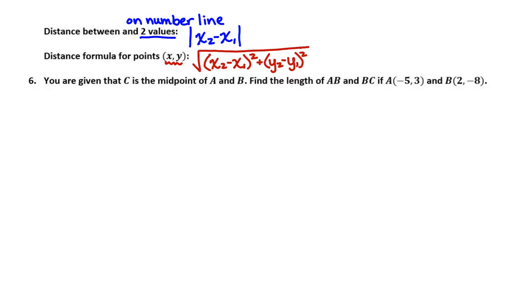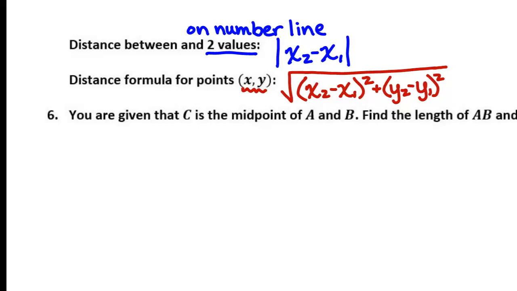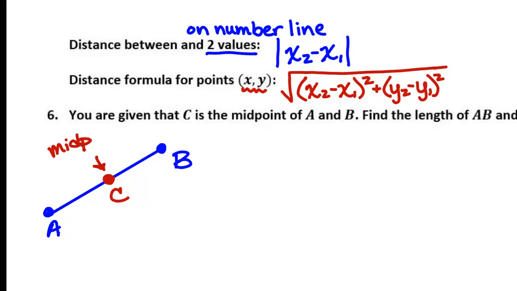All right, last problem for today. You are given that C is the midpoint of A and B. So I don't know exactly what this line segment looks like, but it tells me that C is the midpoint in between points A and B. What do midpoints do to line segments?